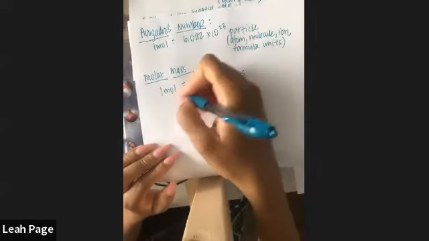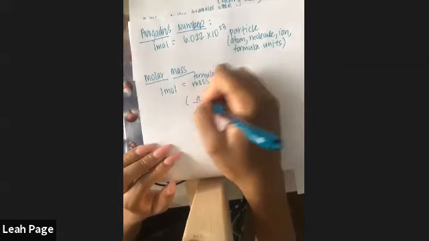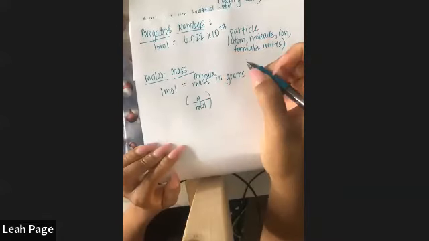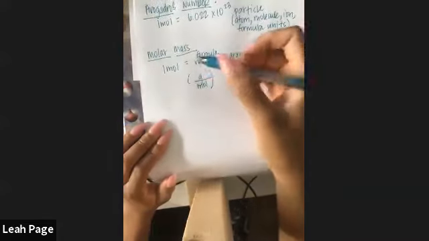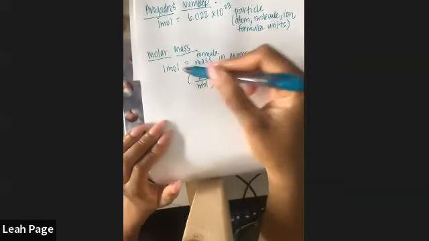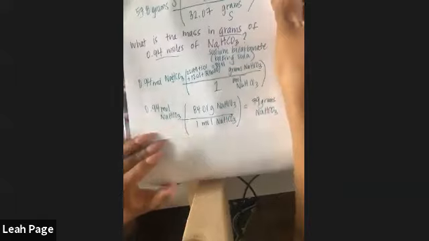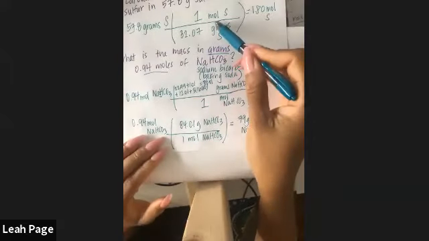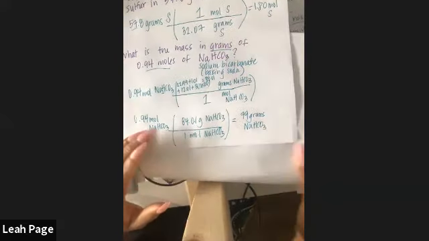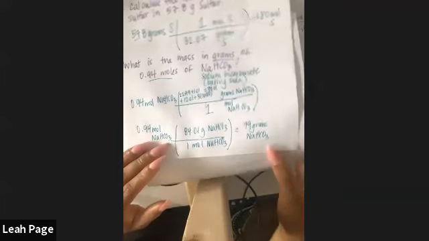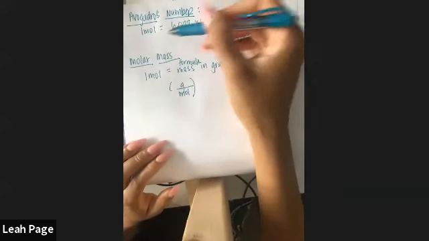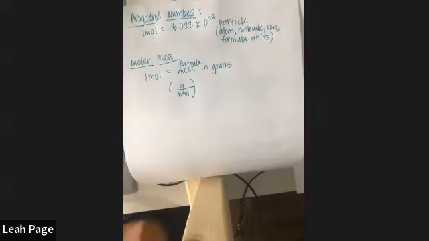So anytime I want to go back and forth from moles to grams, I got to use the molar mass, just like I did on this last question. 1 mole is equal to this many grams. Anytime I want to go back and forth between moles and atoms, I have to use Avogadro's number. Or if I want to go back and forth between moles and molecules or any type of particle, I have to use Avogadro's number.